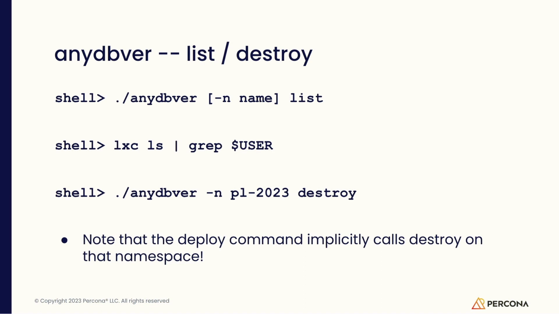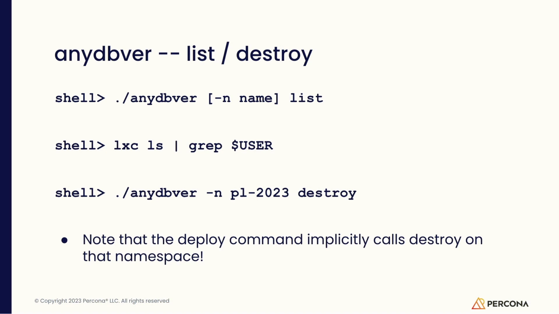So to delete an environment, which, by the way, every time we deploy, there is an intrinsic destroy before. So be careful if you are deploying on an environment that you had already deployed, because it's going to wipe it. If you had any data that you wanted to keep, it's no longer going to be there.